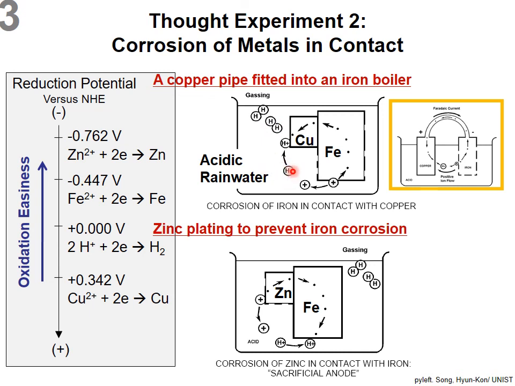What happens? Here is proton, and then Fe is oxidized into Fe2+ and dissolved into water. Those electrons are moving into copper and finally reach proton, then hydrogen evolution. So we will experience a serious corrosion on the body of the iron boiler.